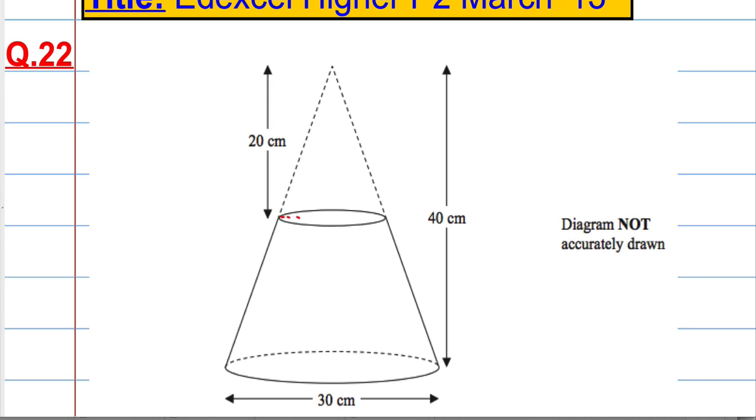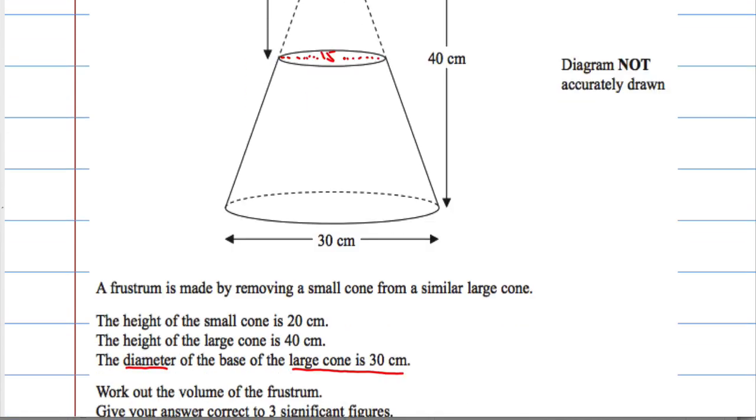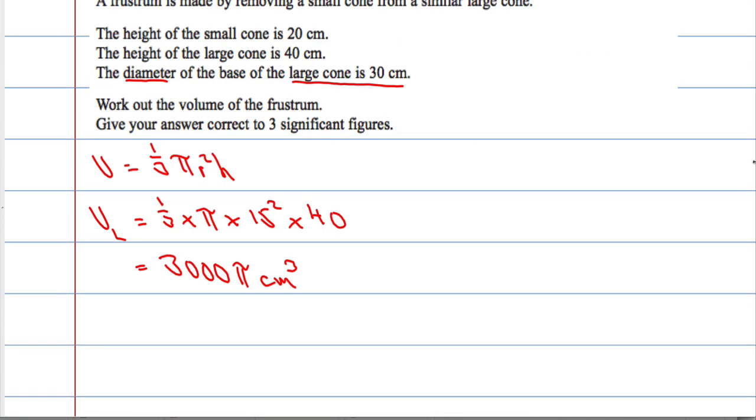So the diameter of this guy should be 15. Very important that we recognize that. Okay, let's do the small cone. So the volume of the small cone will equal 1/3 times pi times, and the diameter is 15, which means the radius is 7.5, and the height is 20.